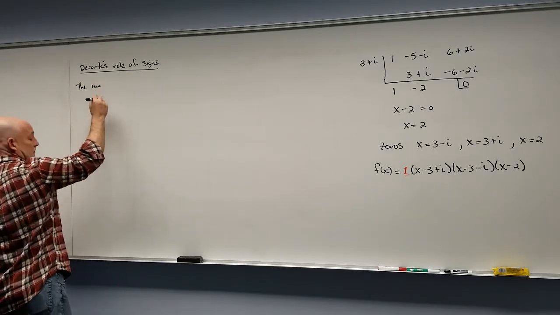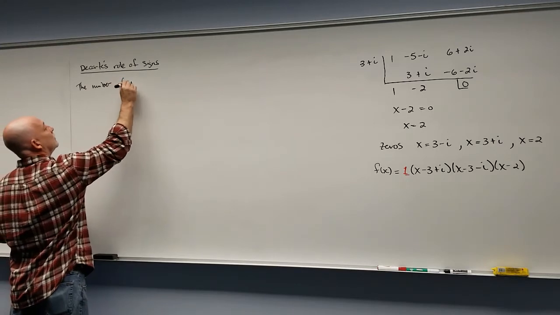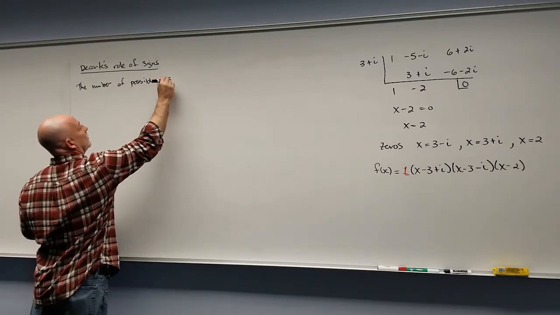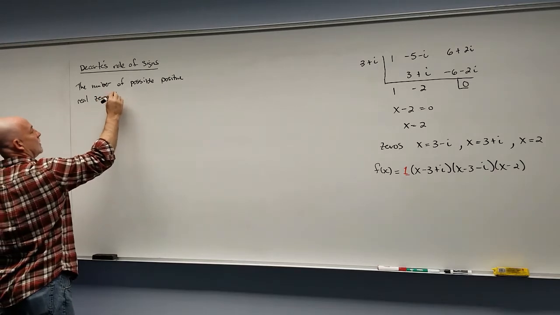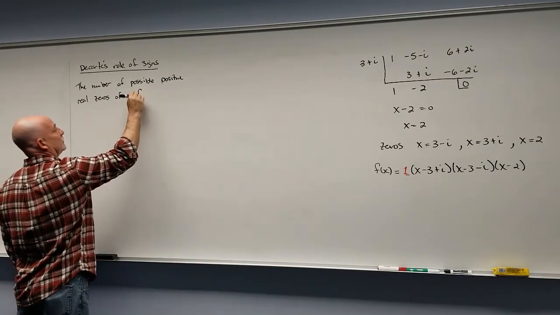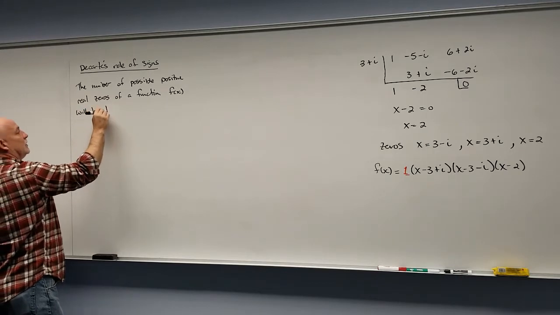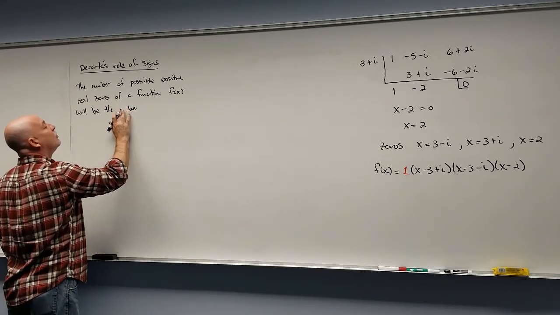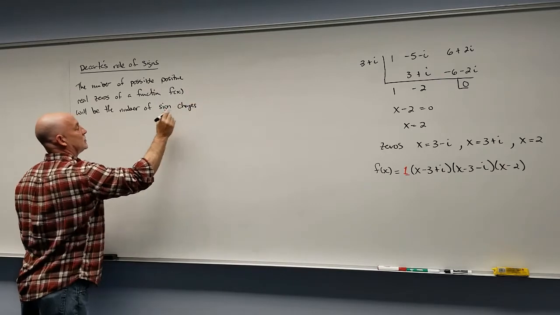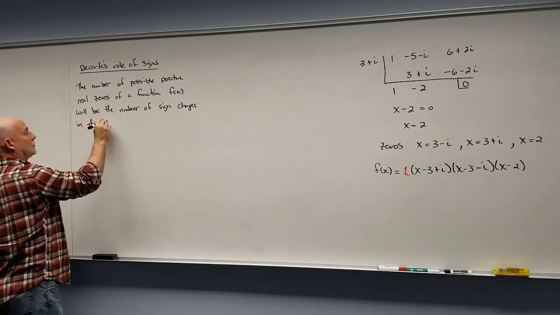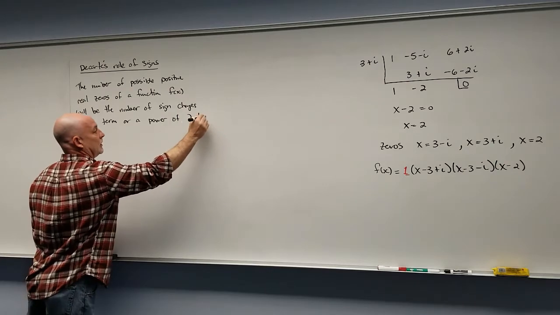the number of possible positive real zeros of a function f of x will be the number of sign changes in the terms or a power of 2 less.